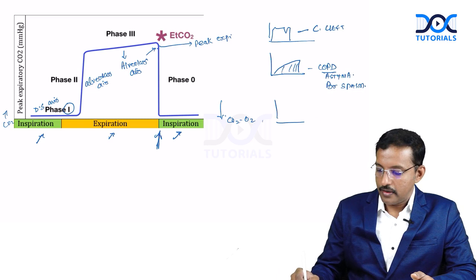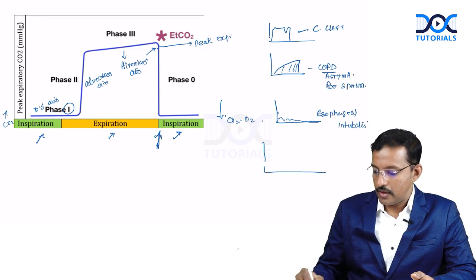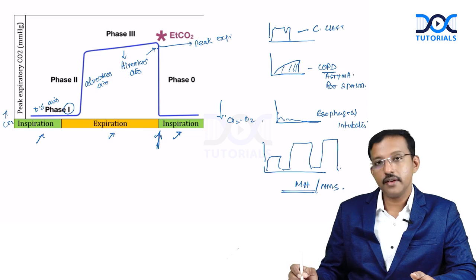And then you have an initial EtCO2 which then disappears, as in esophageal intubation, and then you have a gradual rise, as in hypermetabolic conditions like malignant hyperthermia, neuroleptic malignant syndrome, etc.